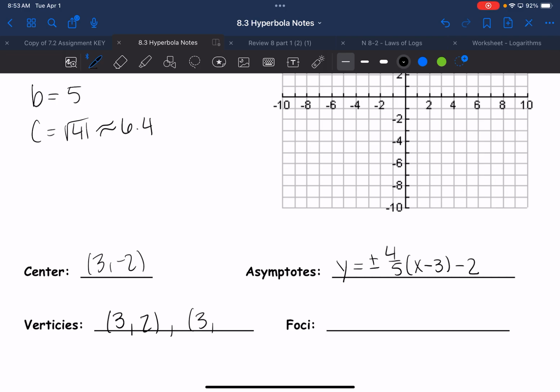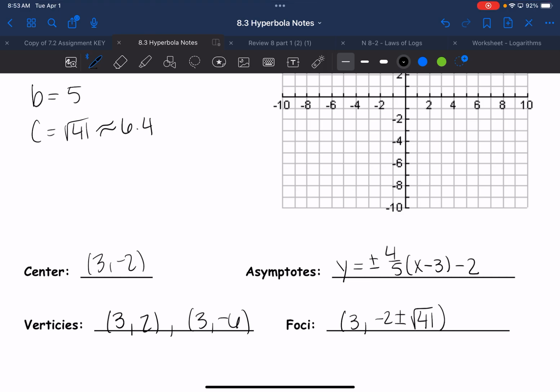And what's -2 minus 4? -6. All right, and then your foci would be on the same axis, right? So again, h stays the same, but I'm going to add and subtract c to k. So that would be -2 plus or minus square root of 41, right?